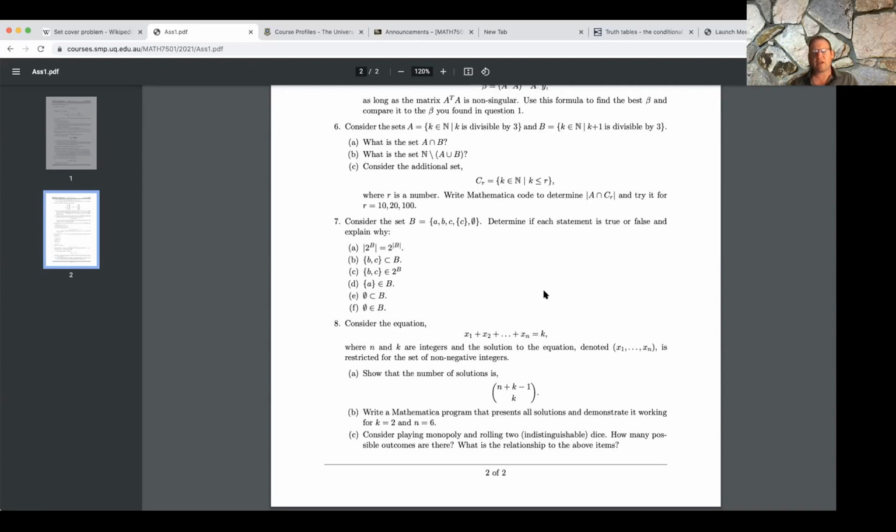Here are some possible outcomes: 2 and 3, 2 and 2, 2 and 5, and 6 and 2. But 6 and 2 is like 2 and 6, so it falls within the same paradigm. And that's pretty much the hint.